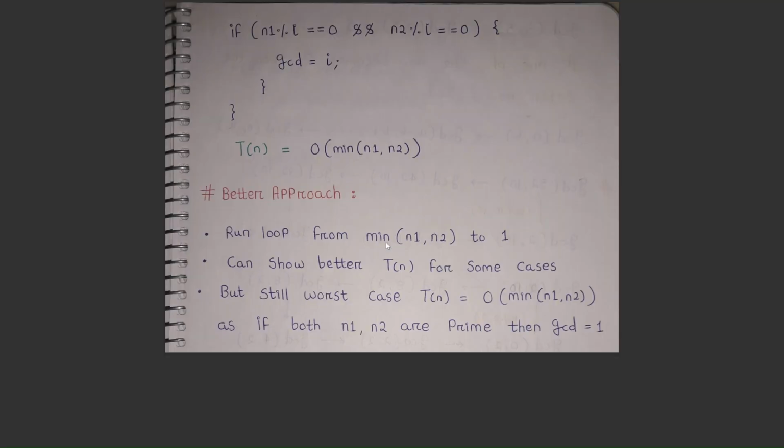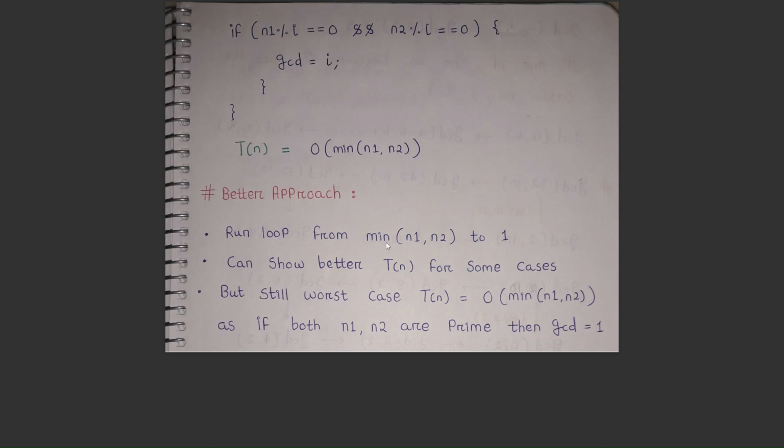So let's go for the optimal approach. Before the optimal approach, there is a better approach, which is an intermediate between the brute force and the optimal approach. In the better approach, we do the same thing as the brute force approach, but we run the loop from minimum of n1 and n2 down to 1, because as you can notice, the GCD value is closer to the minimum number than to 1 for most of the cases.